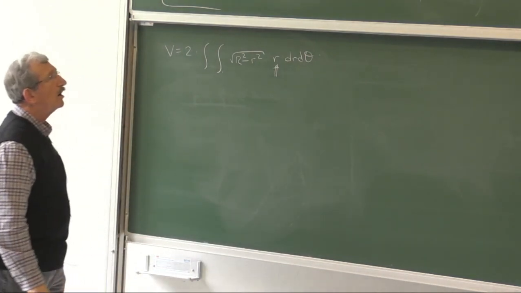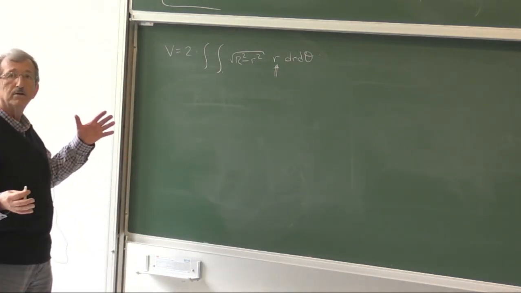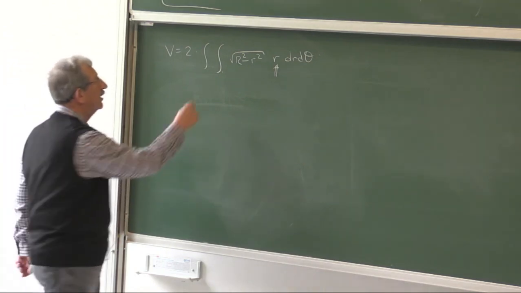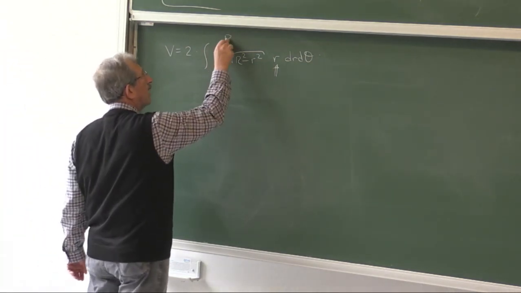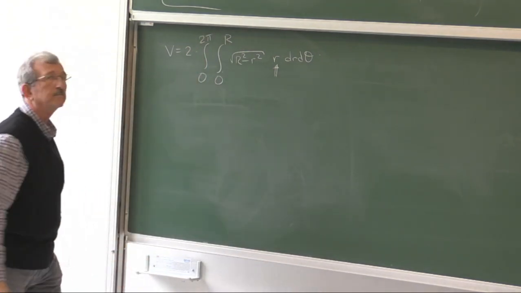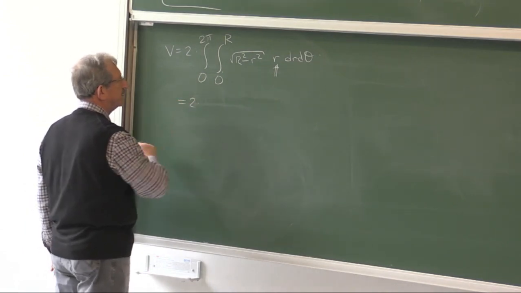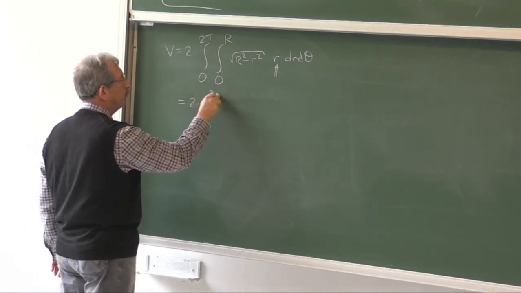Now, on D, how do r and theta change? It's a circle, so r changes from 0 to capital R. Theta makes a full revolution. Well, this directly tells us that this is 2 times the integral from 0 to 2 pi.